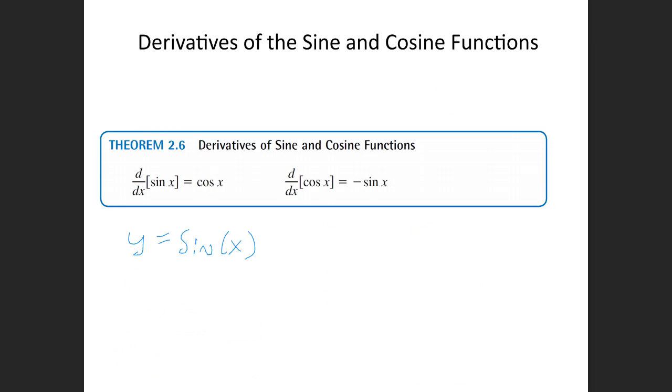I want you to write an equation of a tangent line at x equals, let's see here, pi over 2. And that really is 90 degrees, right? So I want you to write an equation of a tangent line at pi over 2, or 90 degrees.